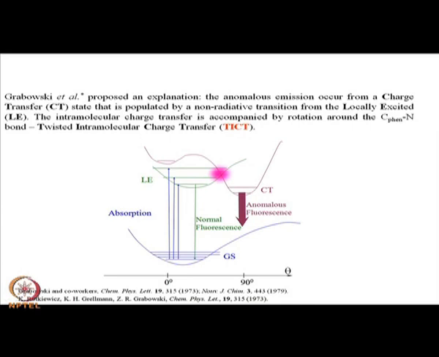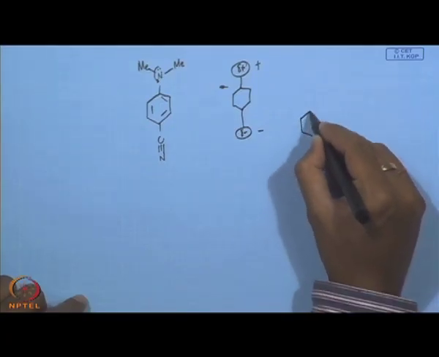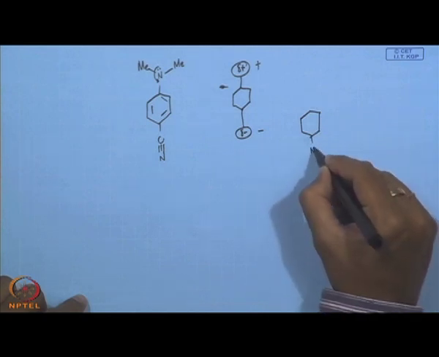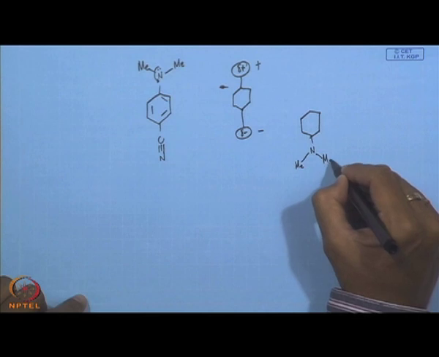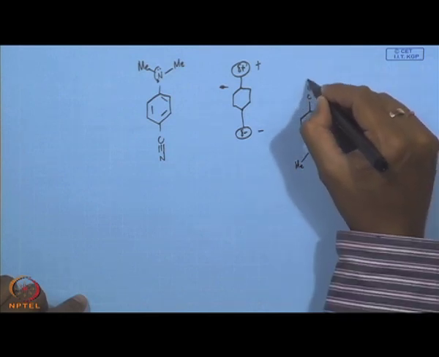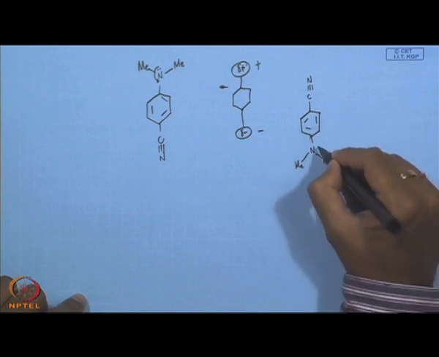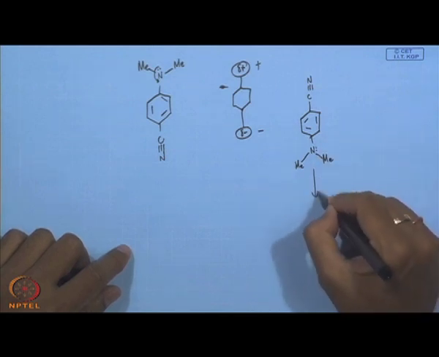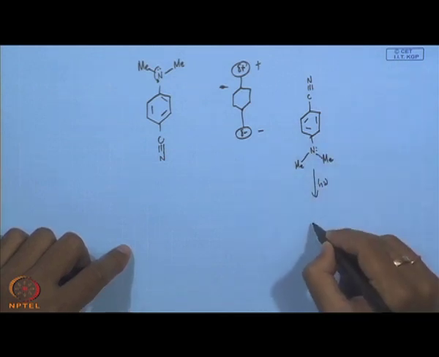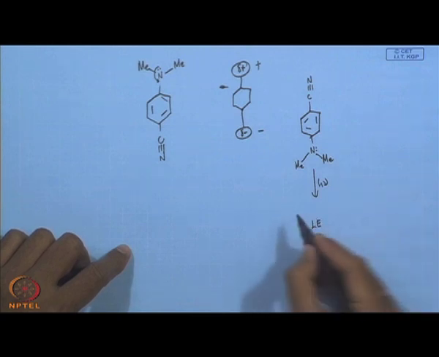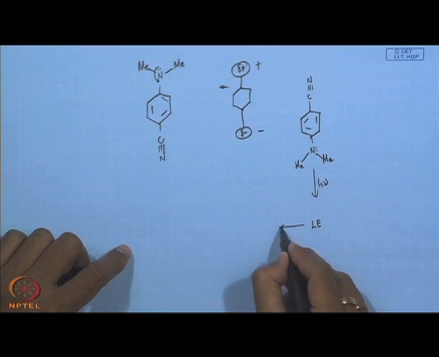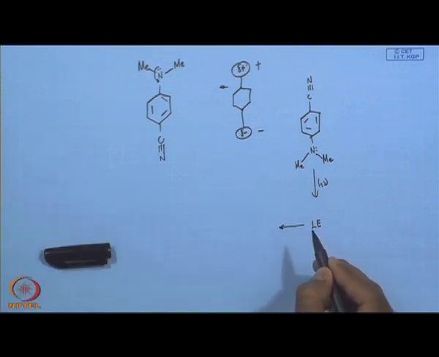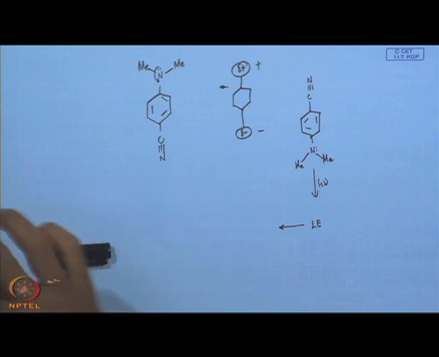Initially you have your locally excited state, with Me here and C triple bond N here. So, what is happening? Initially when you shine radiation h nu, this LE locally excited state is generated, and from this locally excited state the charge transfer state is populated by means of a non-radiative transfer.